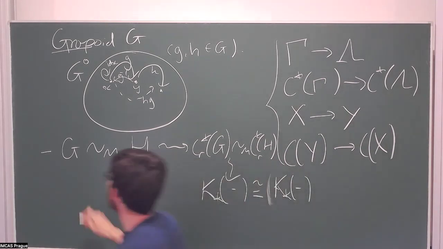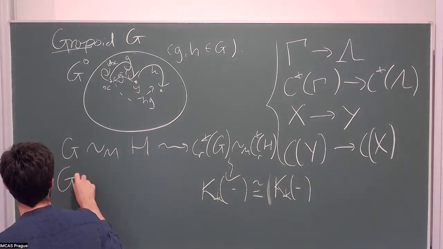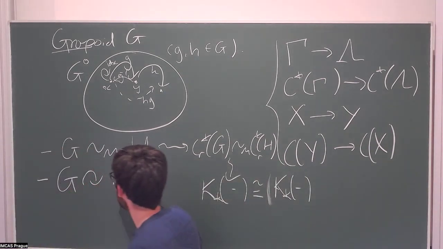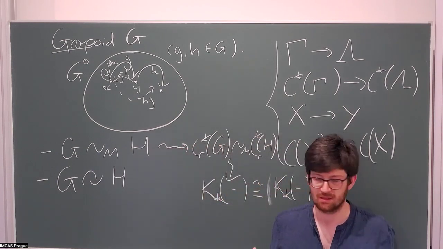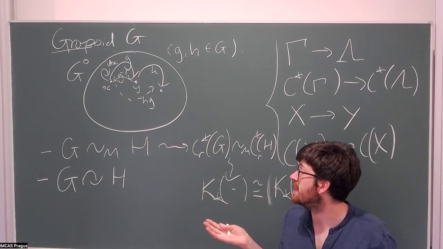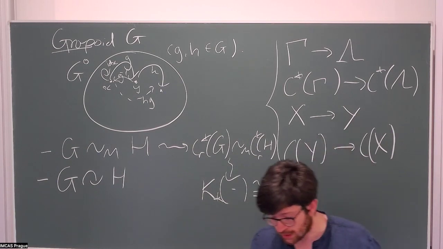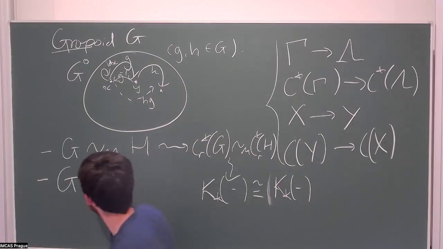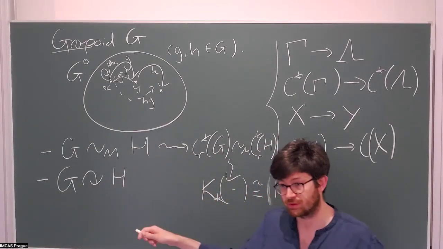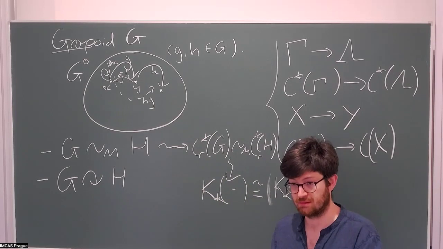There's also another kind of morphism that seems to be rediscovered in a bunch of different places, just because it seems incredibly natural. What it is, you have an action. So groupoids, like groups, can act on spaces.